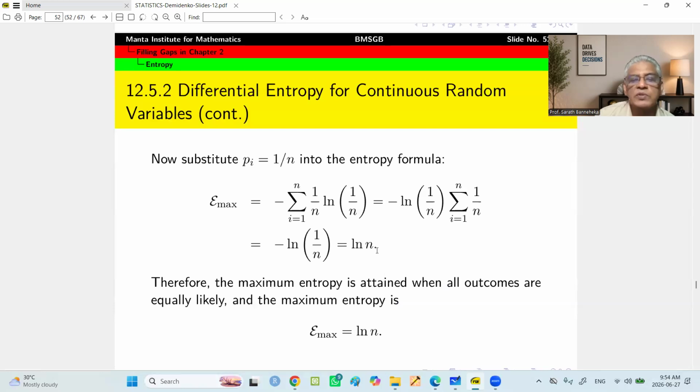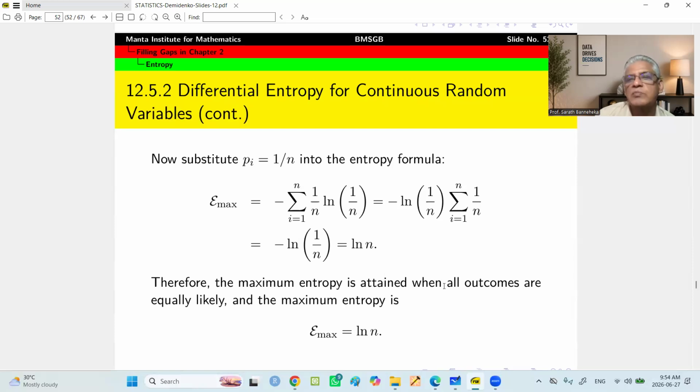Therefore, the maximum entropy is attained when all outcomes are equally likely, and the maximum entropy is equal to log n. As we explained in the beginning, entropy is maximum if there is maximum uncertainty, because we cannot predict with a high probability which category the next observation will be falling into.